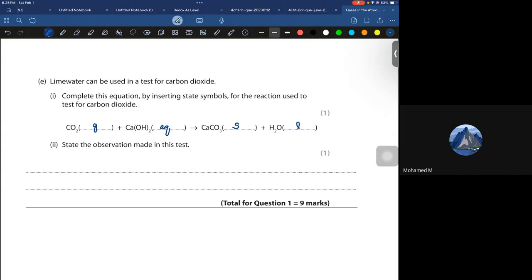They are asking what you would observe if you do the test for carbon dioxide. The lime water would turn milky, wouldn't it? Exactly. The lime water would turn milky. So if it turns milky, you can say the carbon dioxide is confirmed.